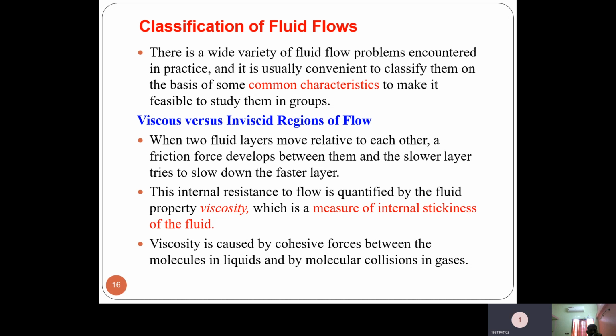This internal resistance to flow is quantified by the fluid property called viscosity, which is a measure of internal stiffness. This viscosity also creates shear stress, and the shear stress is directly proportional to the shear strain. We discussed it in Newton's law of viscosity. Viscosity is caused by cohesive forces between the molecules in liquids, and by molecular collisions in gases.